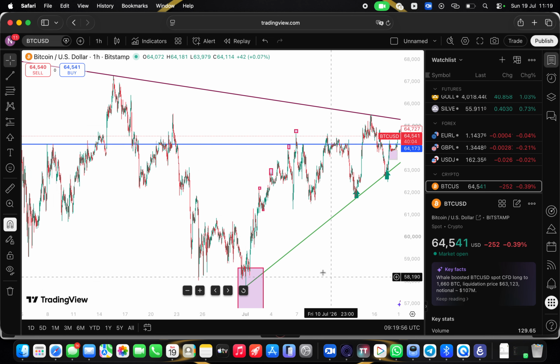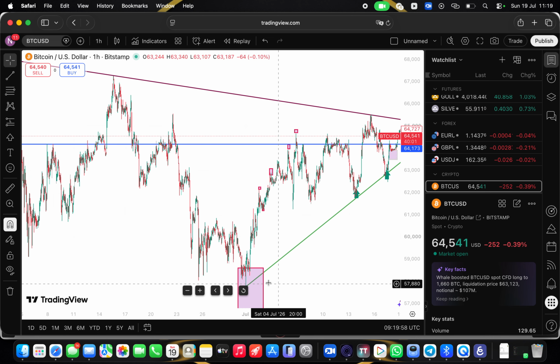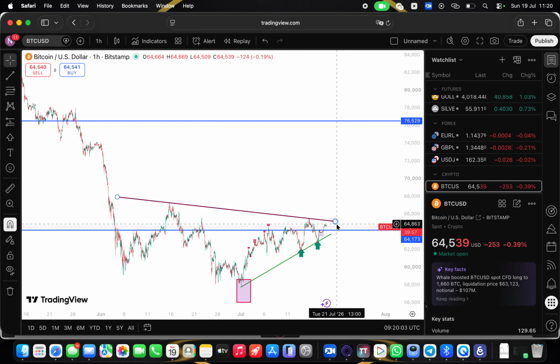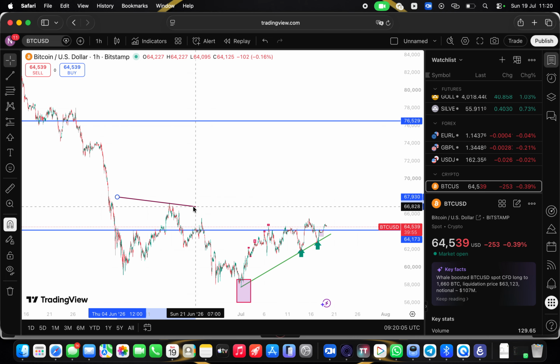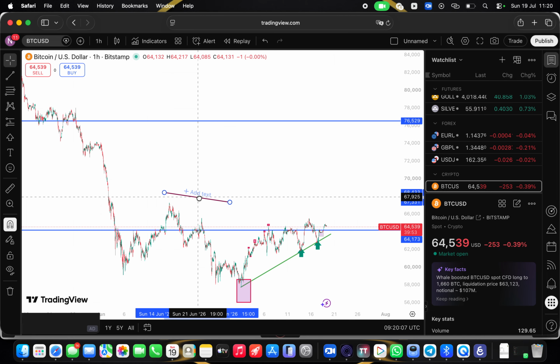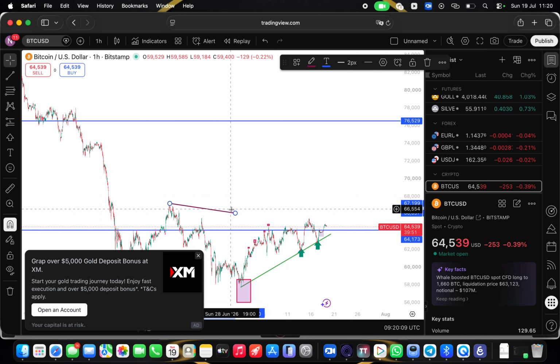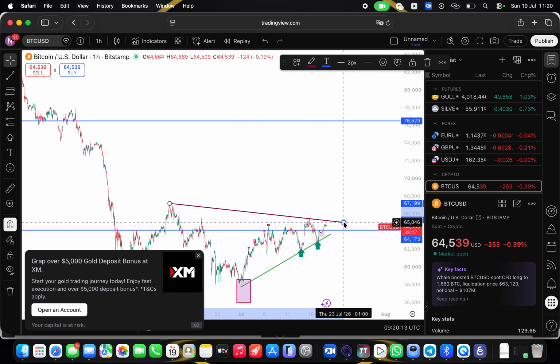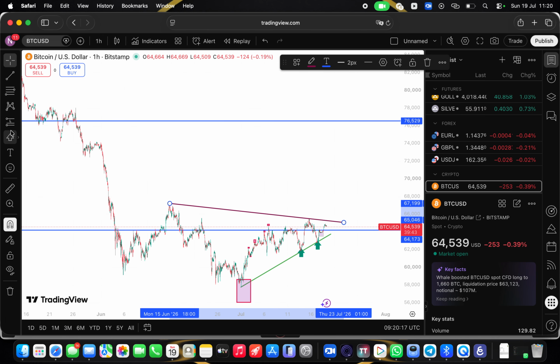For our downward trend line, look at how I drew my downward trend line. I was looking for points to connect, the visible points. As you can see, I connected here at first, and then here is my second connection, waiting for the third connection. Then maybe I can take sells.